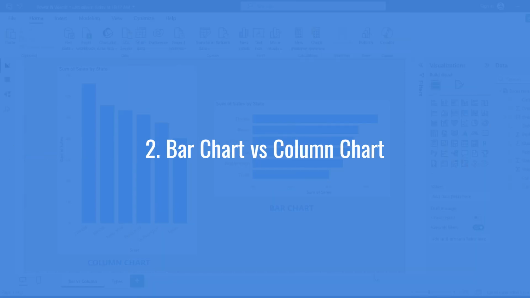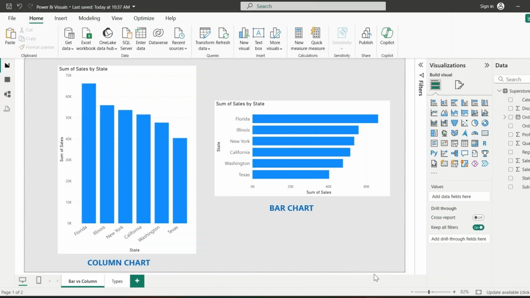Now, when to use a bar chart and when to use a column chart? Bar and column charts are visually different, but analytically they are the same. The only difference is orientation. A column chart is vertical, a bar chart is horizontal. So, how do we decide?